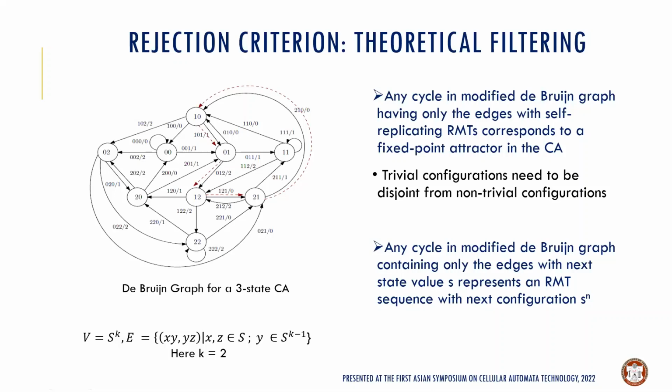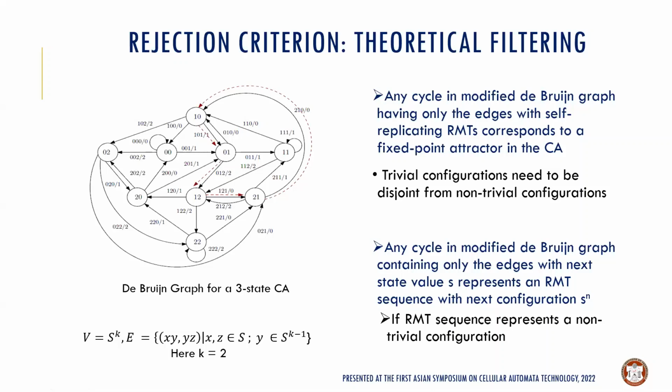So that means from a non-trivial configuration, we can reach a trivial configuration. So cycle representation in that graph, we are discouraging. And if we get such CA, those CAs we are rejecting. So these are the rejection criteria.